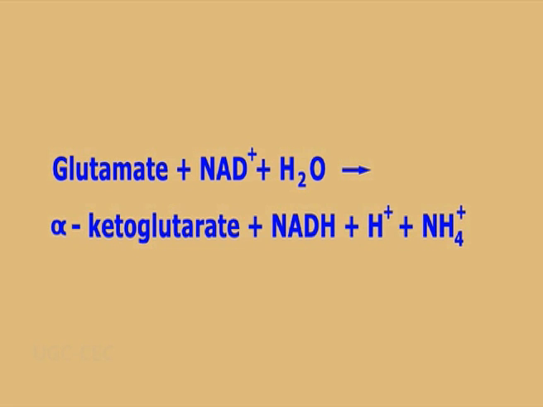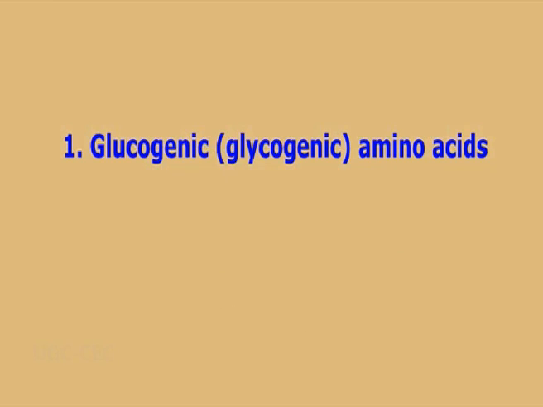Following oxidative deamination, the carbon skeleton of all amino acids undergoes degradation to one of 7 common intermediates. Based on these end products of their catabolism, we can place amino acids into 2 large groups. Number 1, glucogenic, that is also called glycogenic.